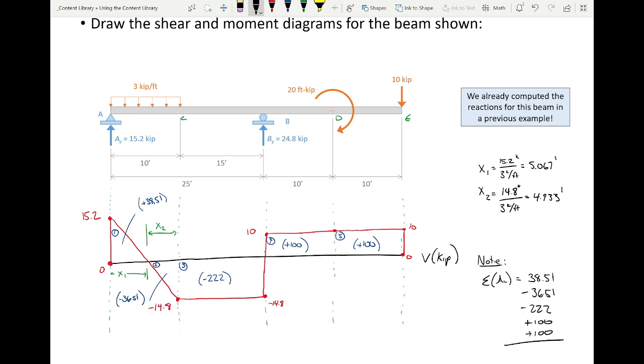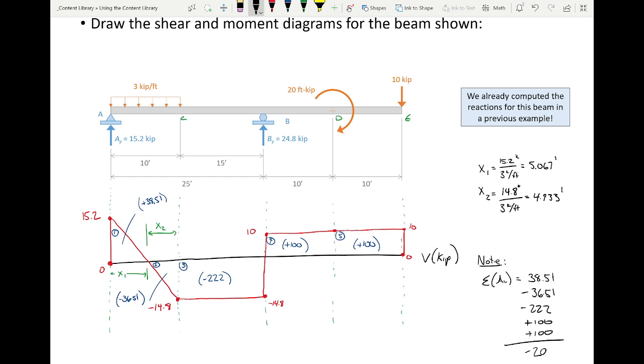What is that? Negative 20. Do I have a second on that? Huh. Negative 20. It didn't add up to be 0.